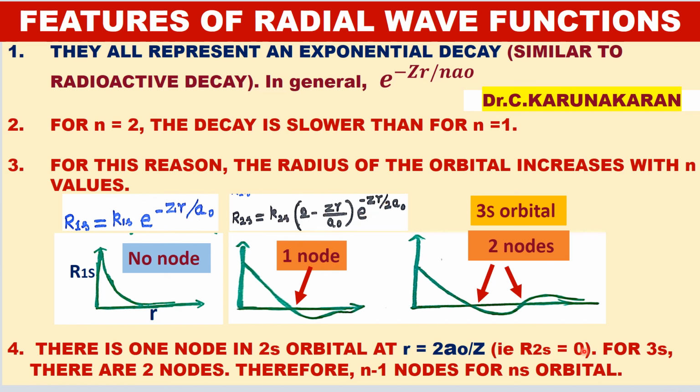Therefore, R2s equal to 0 at this radial distance. This is often asked in GATE and CSIR examinations.